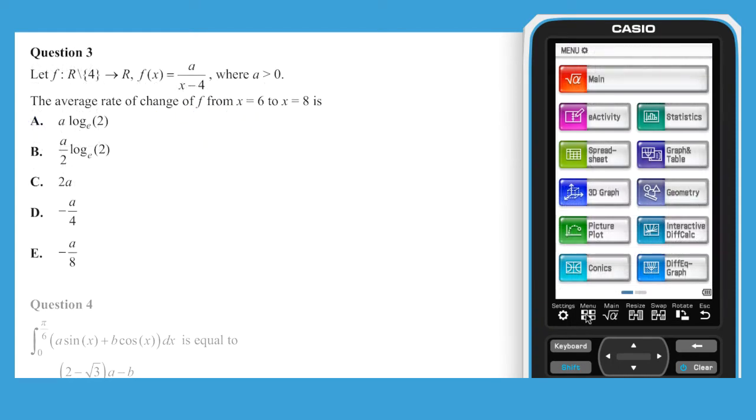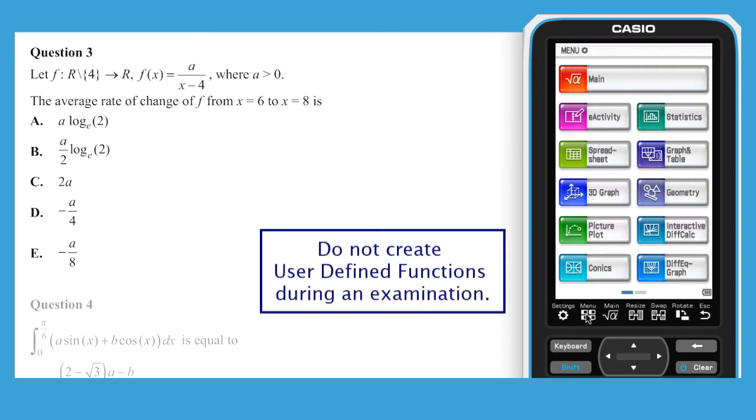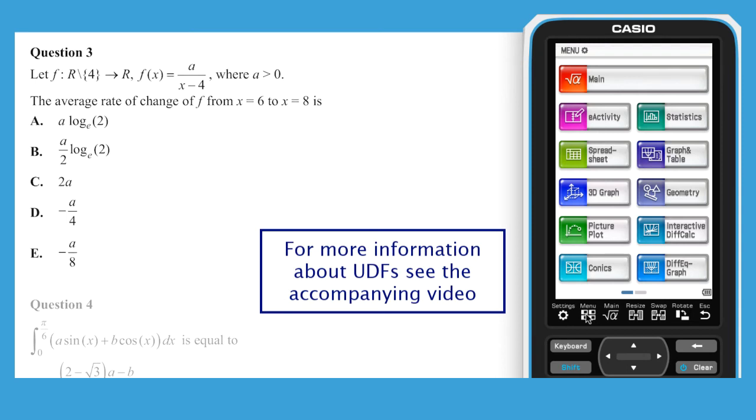Question 3. The average rate of change of a function is something that features commonly on the Paper 2 examinations of this course. It can be calculated on a ClassPad with a user-defined function if one has been previously defined. A user-defined function called AROC has been defined on this ClassPad.